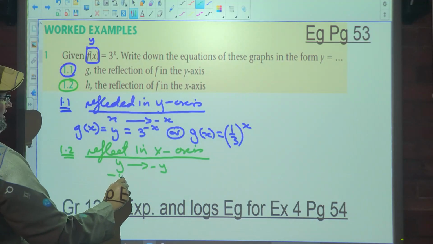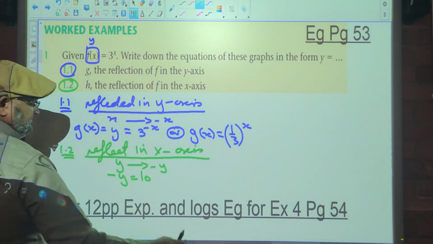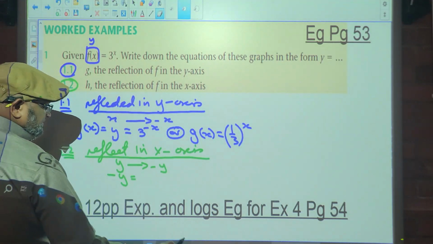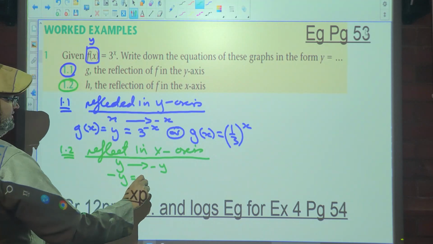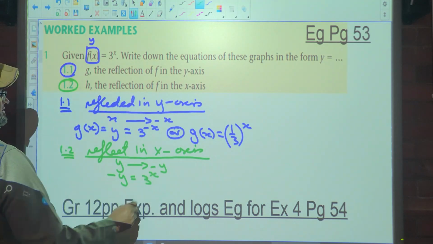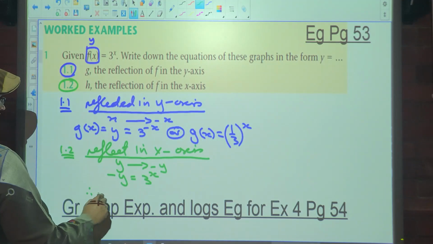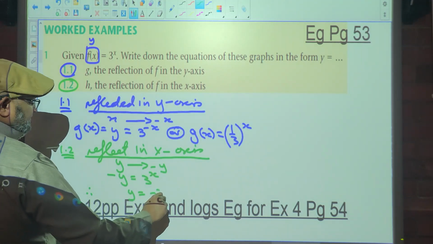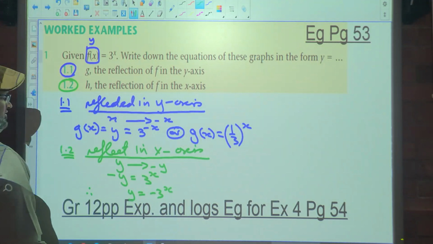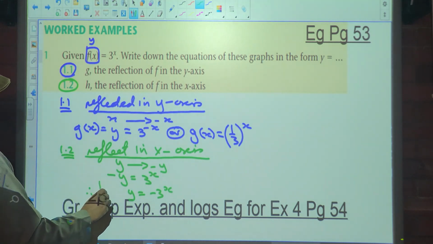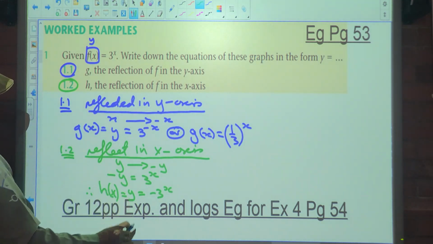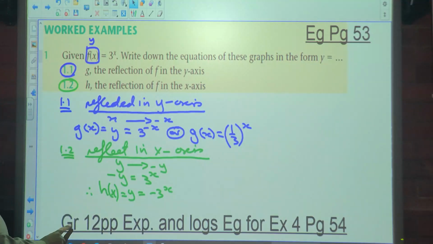So you get negative y is equal to 3 to the x. Therefore, divide by negative, y is equal to negative 3 to the x. And this is the equation of h of x. Okay?